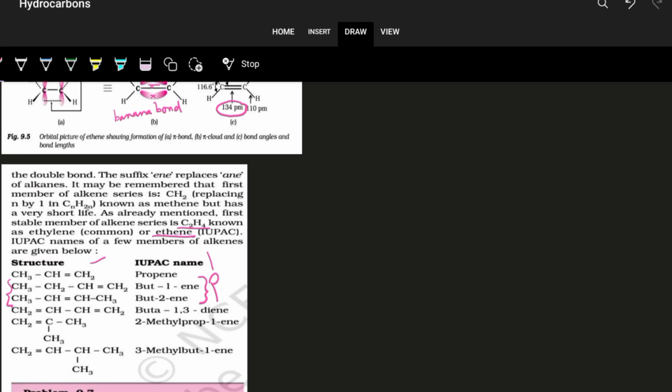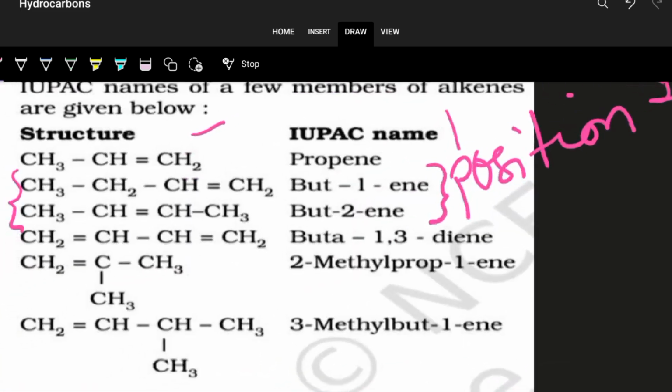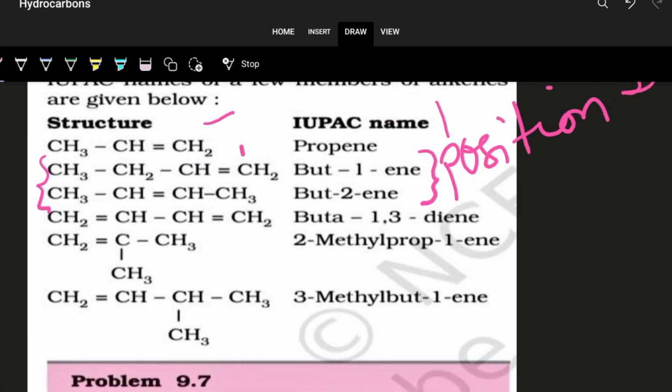Why are they position isomers? Because they differ only in the position of the double bond. The double bond is between 1 and 2 in but-1-ene, and between 2 and 3 in but-2-ene. The number which is in the name is the lower number. If it is between 1 and 2, it is but-1-ene. If it is between 2 and 3, it is but-2-ene.